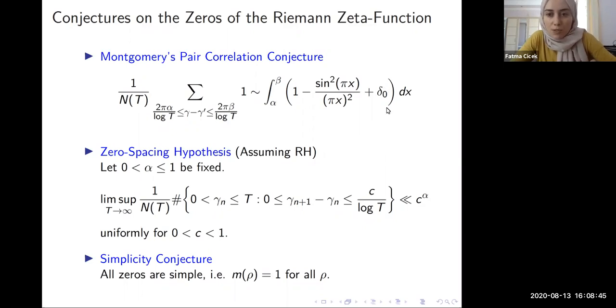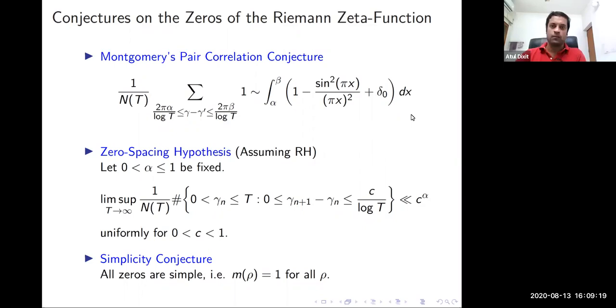And I should also say that this delta_0 is a term for a possible correction that may be needed: if alpha is less than or equal to 0, then you will be counting when gamma equals gamma prime, and in that case you will be counting the same zero. So in that case, delta_0 is going to be defined as 1. But if alpha is strictly bigger than 0, then delta_0 is just going to be set to be 0.